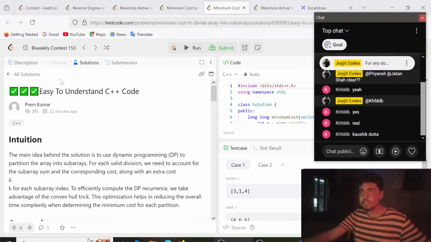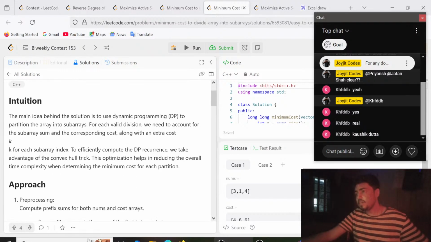So the intuition is the main idea: it is a DP problem, so you have to partition them. For each valid division, we need to account for the subarray sum and the corresponding cost. To efficiently compute the DP recurrence, we take advantage of convex hull trick. What the heck is this?